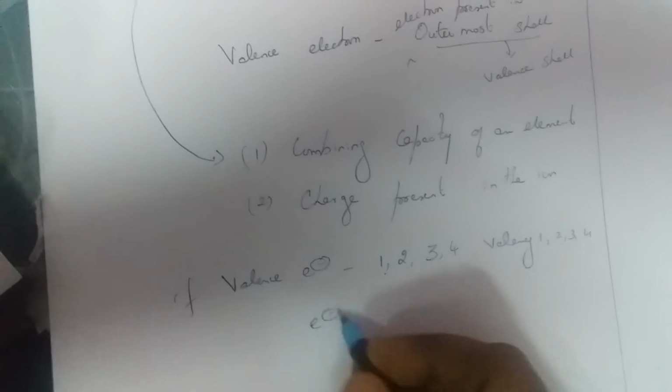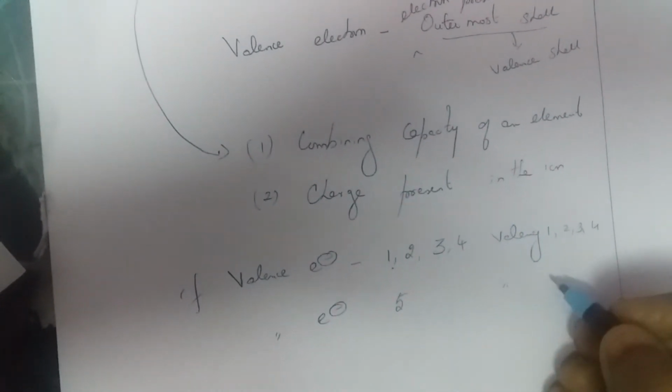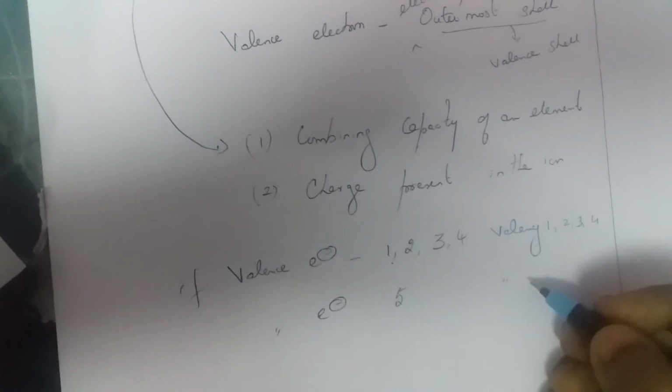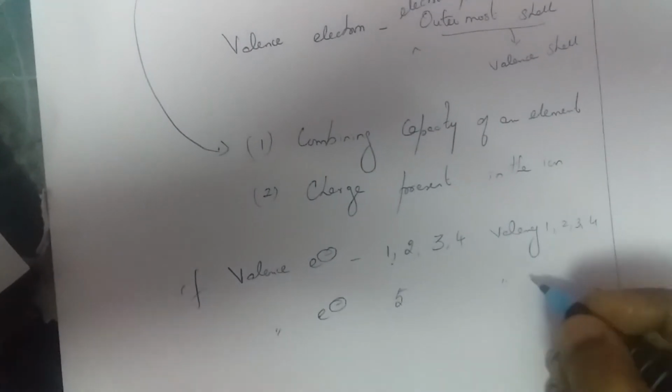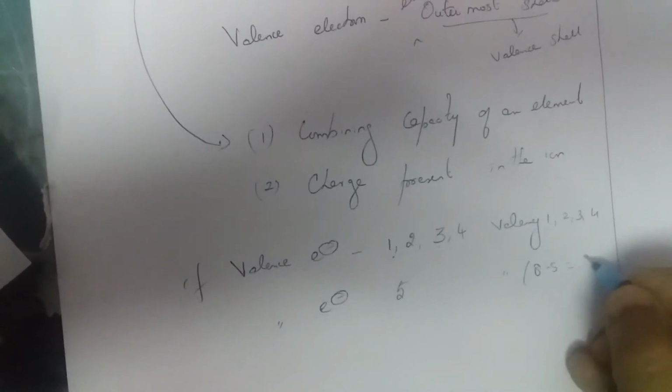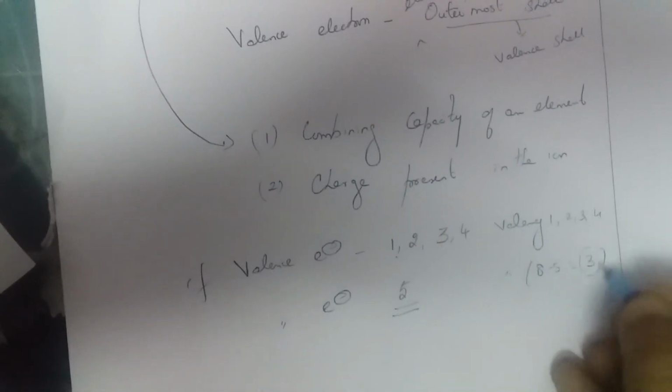Suppose the valence electron is greater than 4, say 5. Then we have to subtract that valence electron from 8. Therefore, 8 minus 5 is 3, so the valence C is 3.